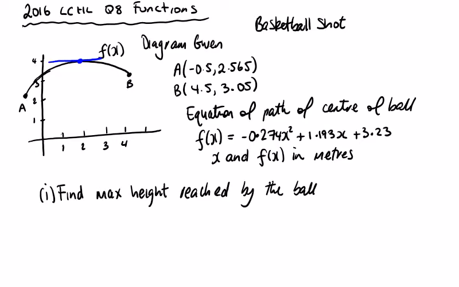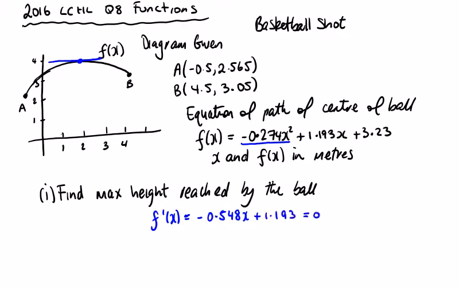So we're going to differentiate this function. f prime of x is going to be equal to 2 times 0.274, which is 0.548, leaving me with an x, reduce the power by 1, plus 1.193.